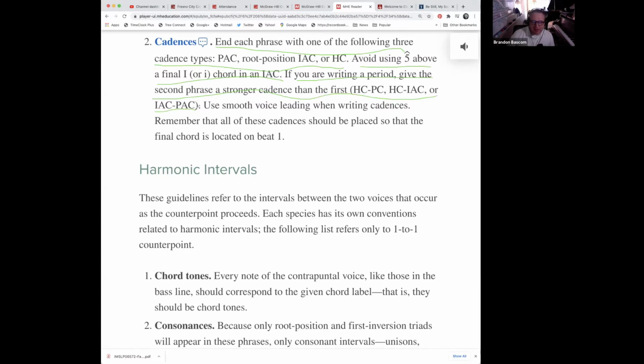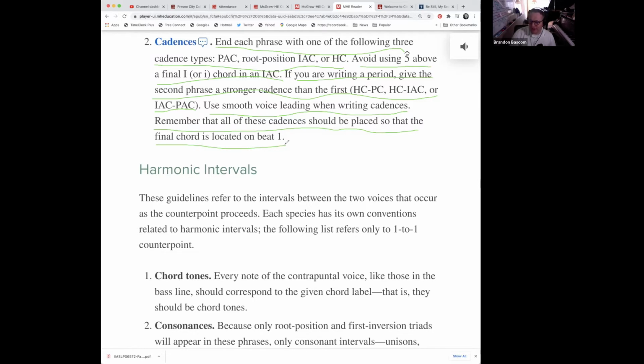To me, that's common sense, but okay. Then there was use smooth voice leading. Well, why wouldn't we? Another kind of duh. And then there was remember that all of these cadences should be placed so the final chord is located on beat 1. So I got at least 5 things out of there, and most of them are dos.